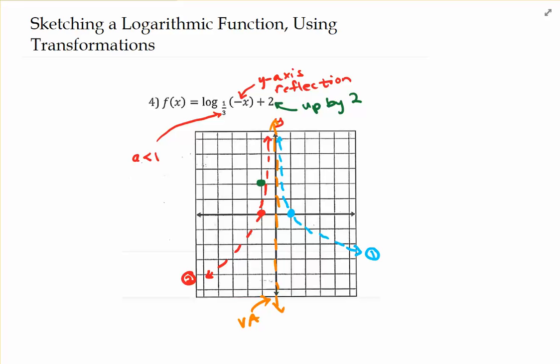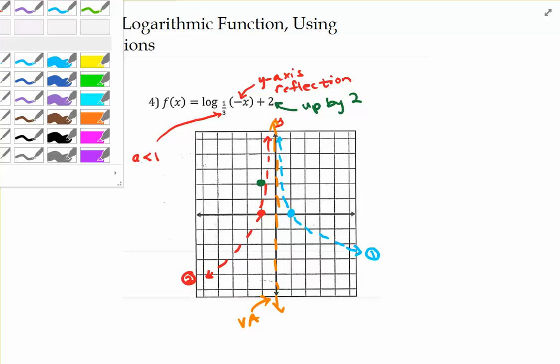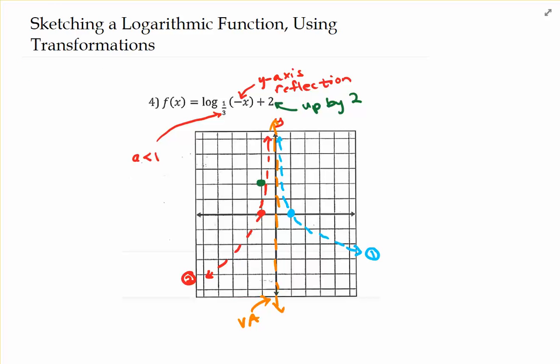So with all that in mind, let's go ahead and sketch out the remaining part of this graph. Basically what you do is recreate the shape from the reflected graph, now shifted up by 2 units. And that right there would give us our final graph.